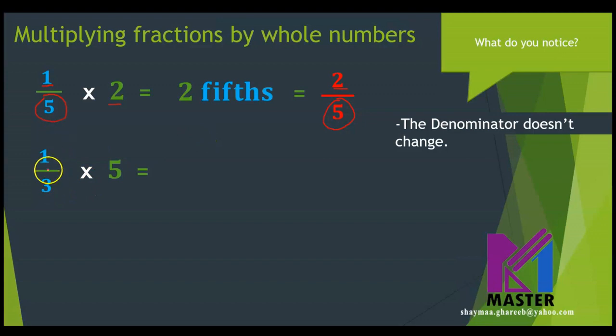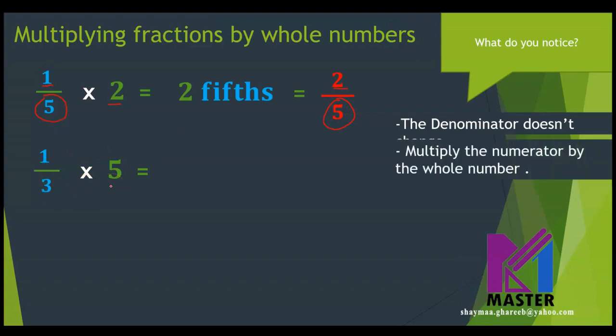Let's do this example. 1/3 times 5. Yes, we are going to multiply the numerator by the whole number. So 5 times 1. The numerator is 1 times the 5, which is 5. And I will keep the denominator as it is.